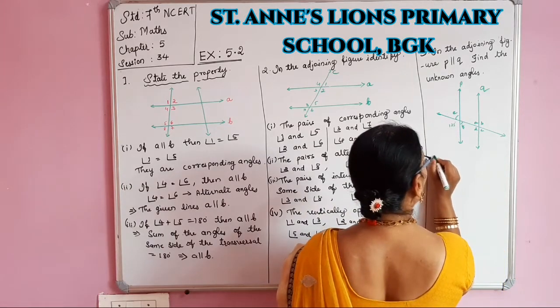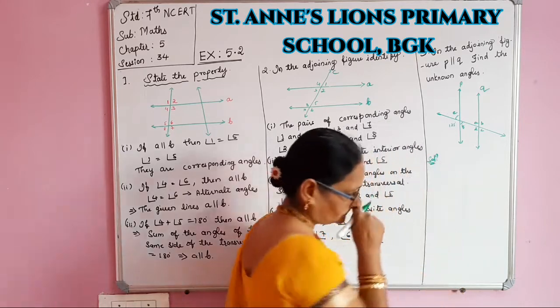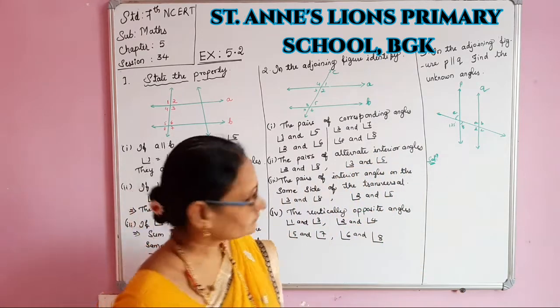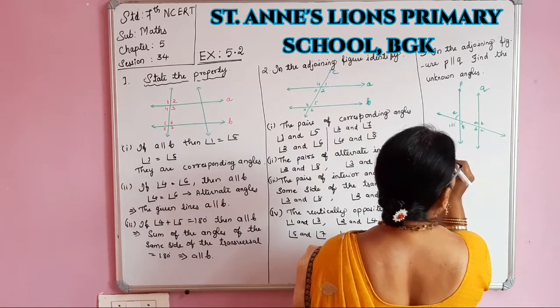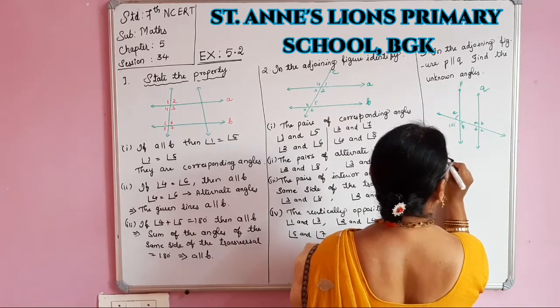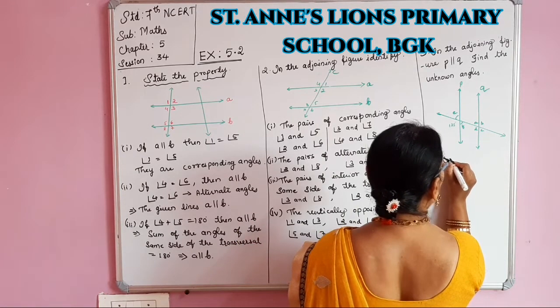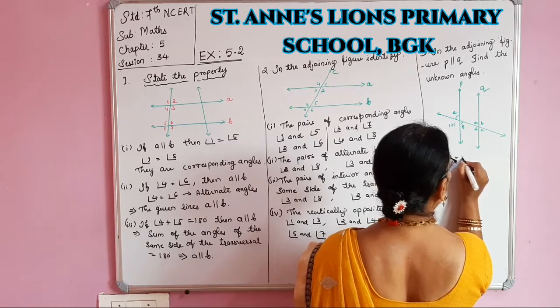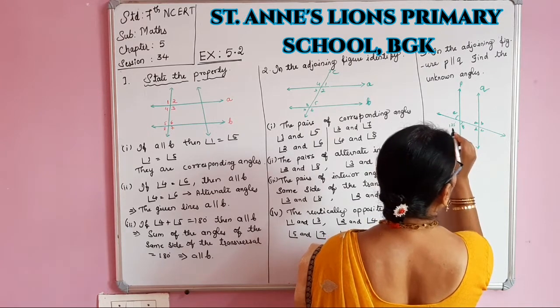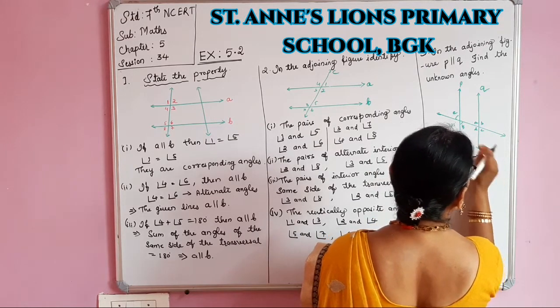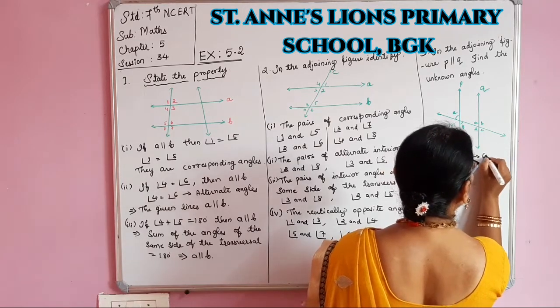See here, now we write the solution. Angle D equal to 125 degrees. Why? Because these two are what kind of angles? Corresponding angles.